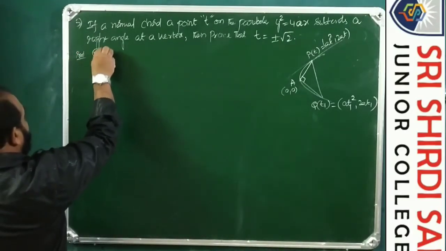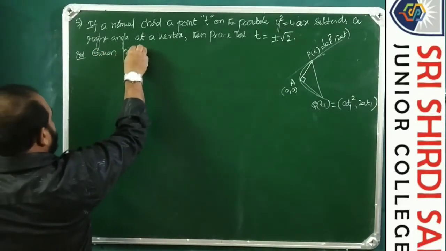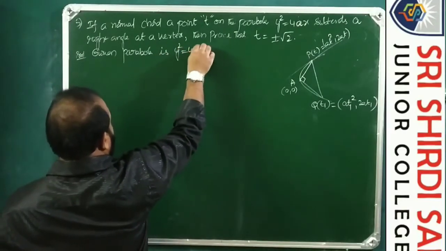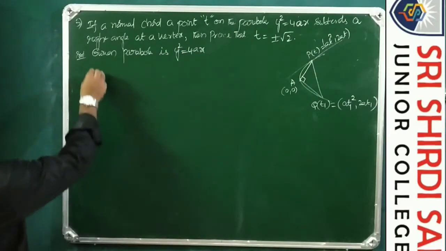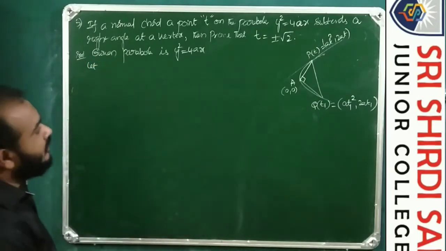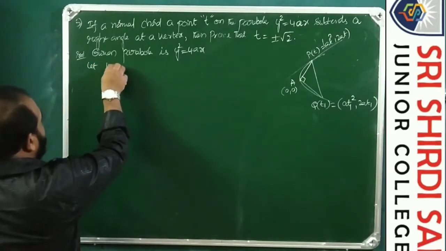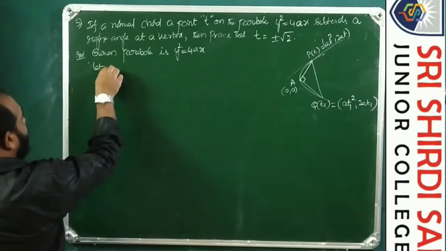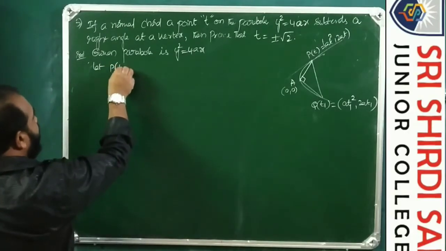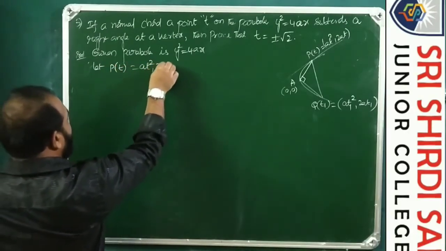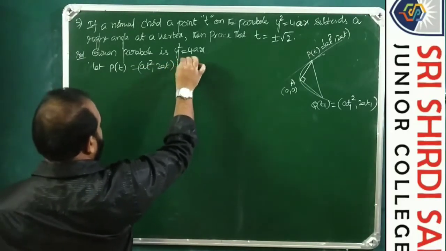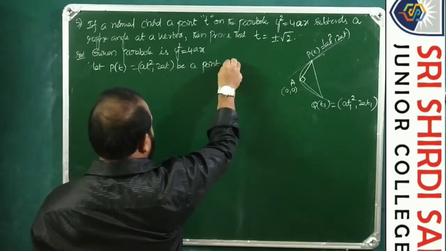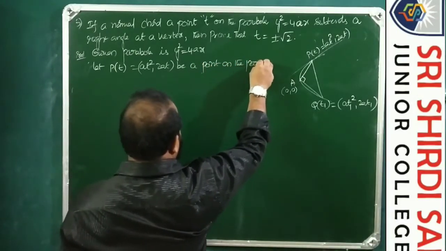Solution. Given parabola is y square equals 4ax. Let P of T, which is at square comma 2at, be a point on the parabola.